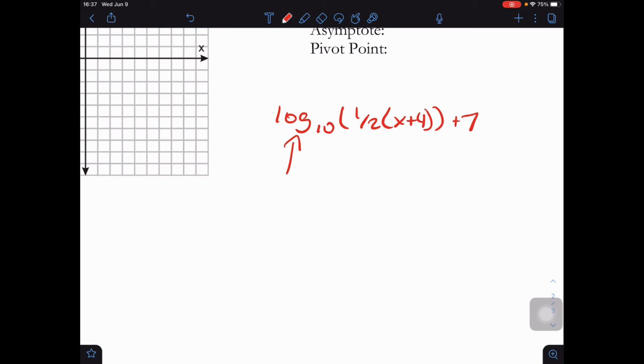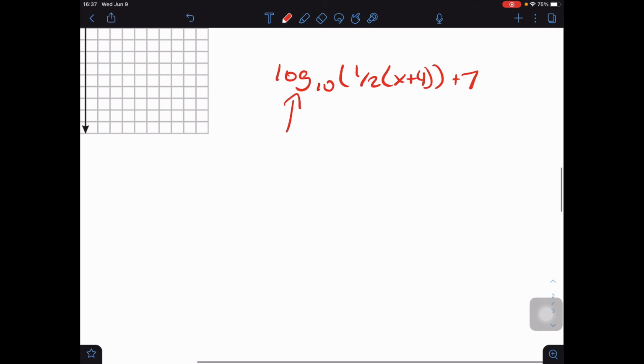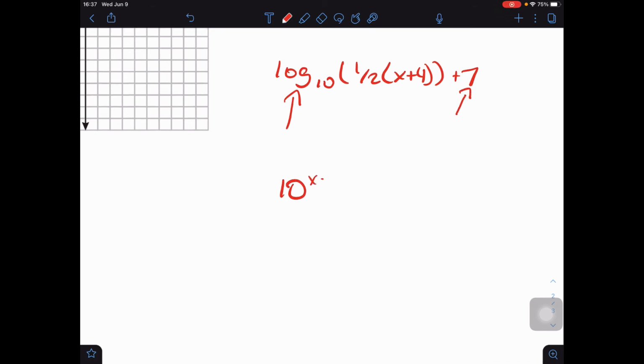this base 10 would then become the base in the new function. And this +7 would then become a -7 and go on the inside of an exponential function. So this 10 would become the base, and since this 7 is on the outside and positive, it would go on the inside and become negative.